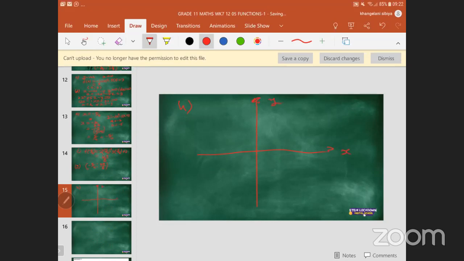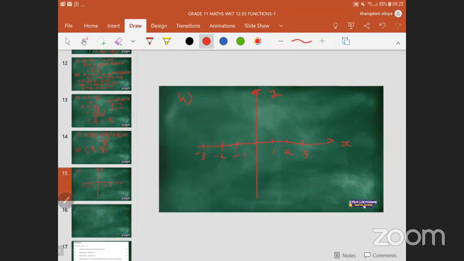This is your x-axis, and it's very important to use the scale here. If you say this is 1, this would be 2, this would be 3. This side, negative 1, negative 2, negative 3.